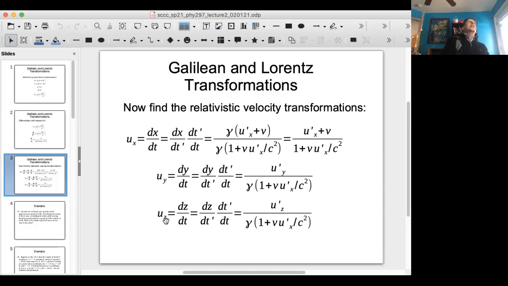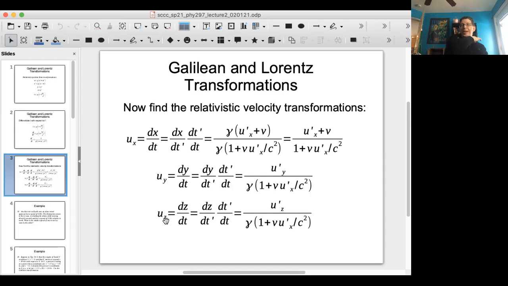If the problem asks you for the velocity of a certain object relative to a certain other observer, then the velocity it's asking for is ux, uy, and uz.